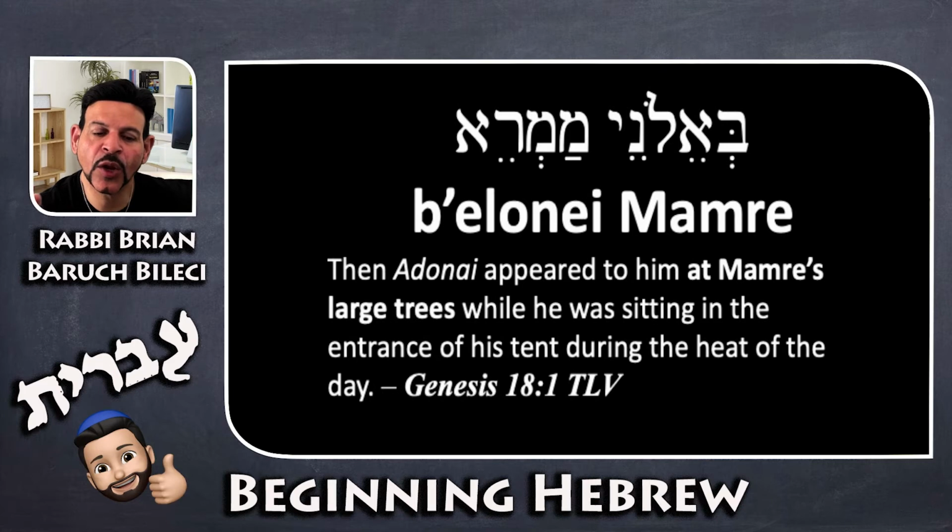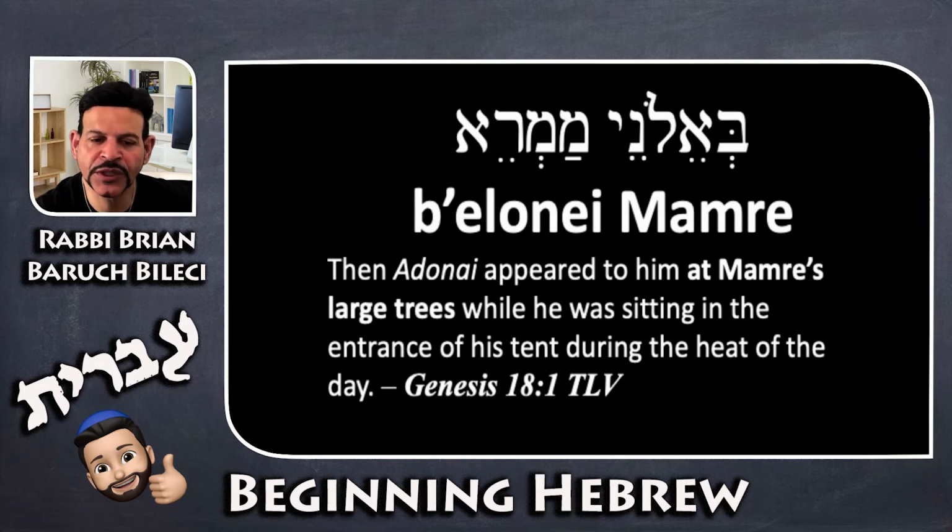In this case, Belone is the plural construct form, oak trees of. So in this case, it says large trees, but they're really oak trees. So alon is an oak tree. Elone is oak trees of. So belone means in or at the trees of who? The friend of Abraham, who is called Mamre, covenant friend here.